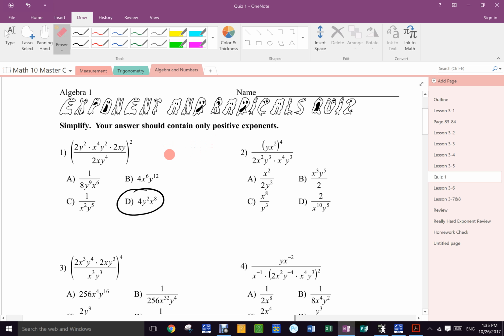Easy, right? This, x to the 5th over x to the 4th, difficult? No. This, x to the 4th times x, difficult? No. So I ask you again, where is the difficulty here?